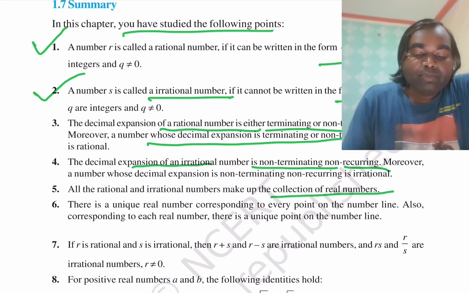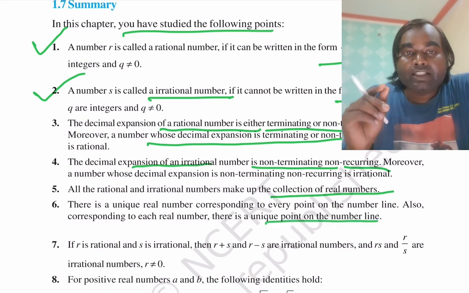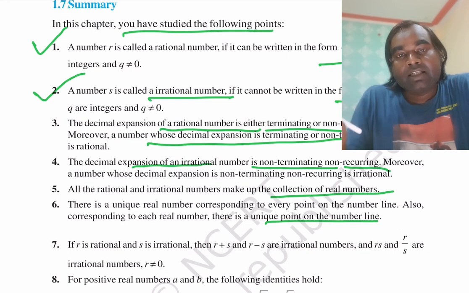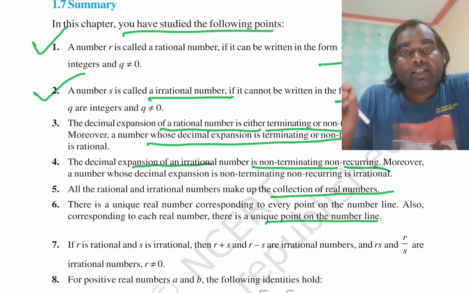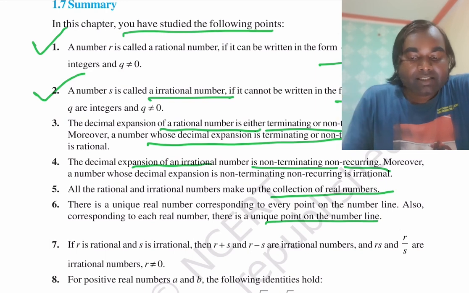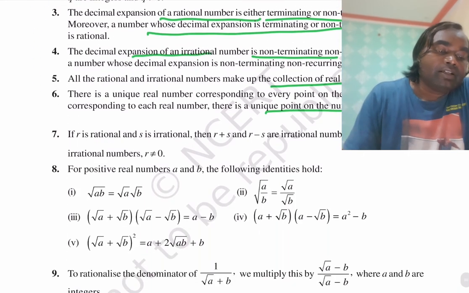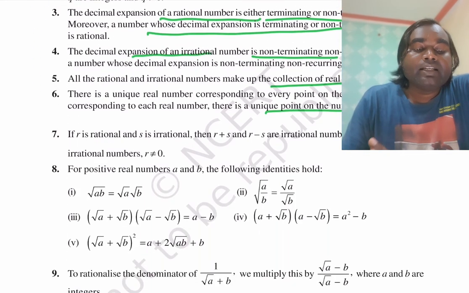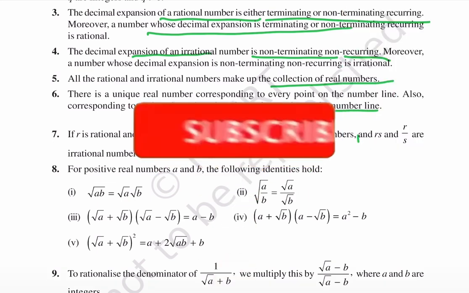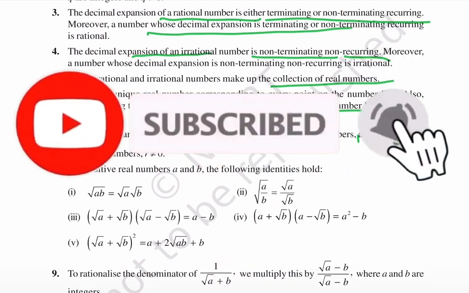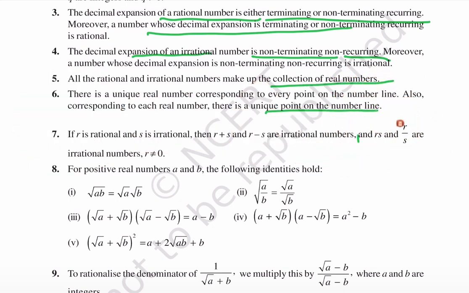There is a unique real number corresponding to every point on the number line. Also corresponding to each real number, there is a unique point on the number line. For each point on the number line, there is a corresponding real number, rational or irrational. If r is rational and s is irrational, then the sum or difference is always an irrational number.